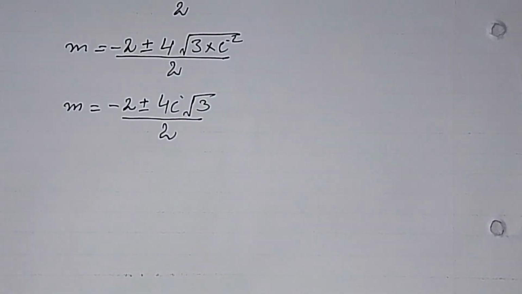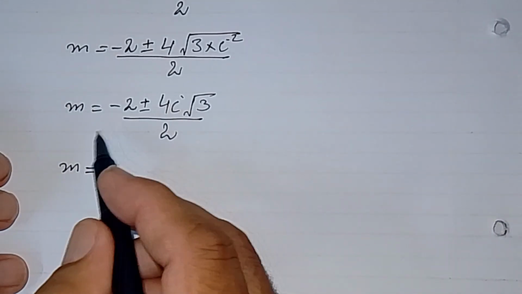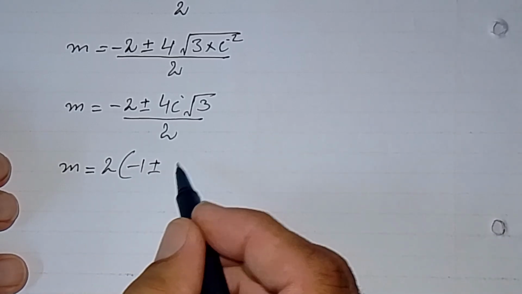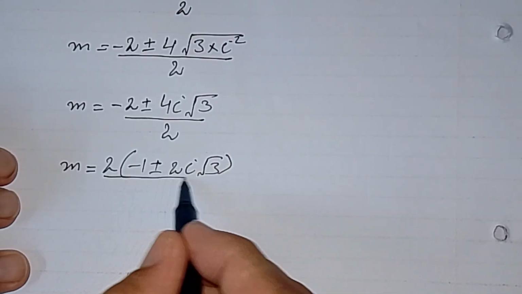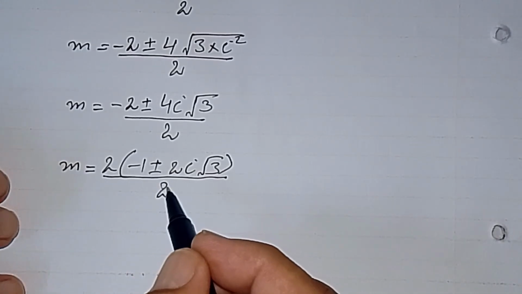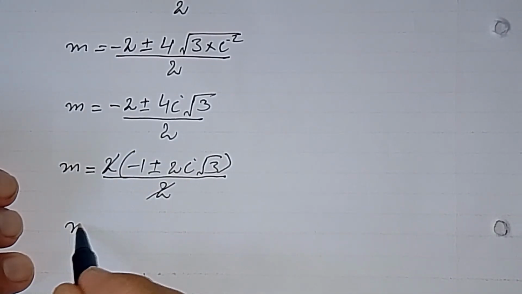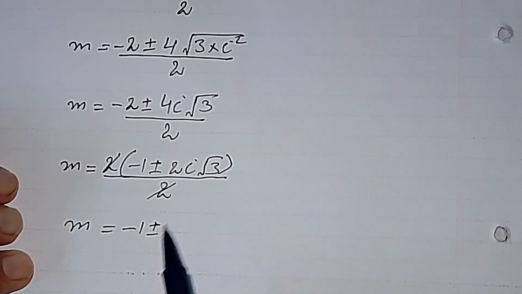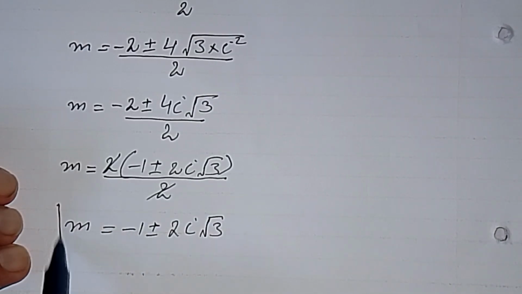Now it becomes m is equal to, taking 2 common, 2 into (minus 1 plus minus 2 iota under root 3) over 2. 2 is cancelled. Then m is equal to minus 1 plus minus 2 iota under root 3. This is our final solution.